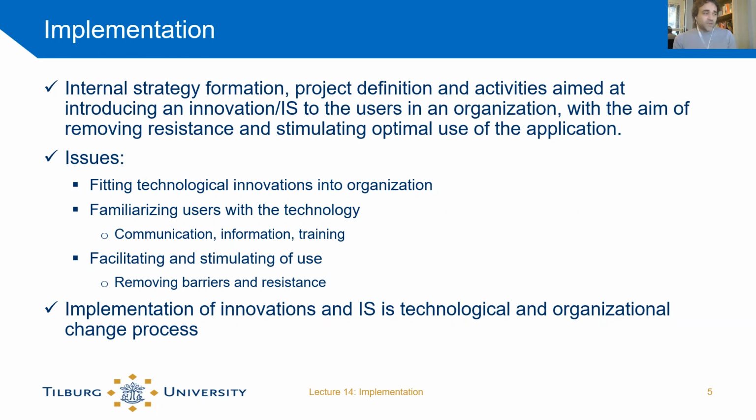But in general, this means that you have to familiarize users with the technology, and that you have to try to facilitate the use of a new technology or innovation. The first thing means that you have to train people into using a new technology or new innovation. And the second thing means that you have to actually remove resistance and stimulate use.